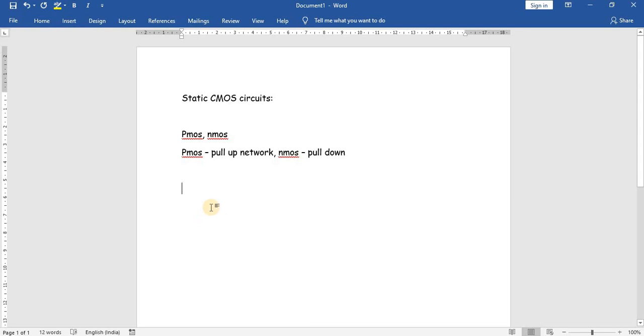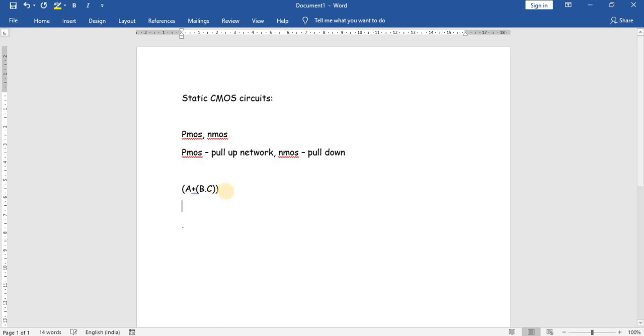For example, if I want to design A plus BC, where it's multiplied, a dot, A plus B dot C, I want to implement this function using a CMOS circuit.